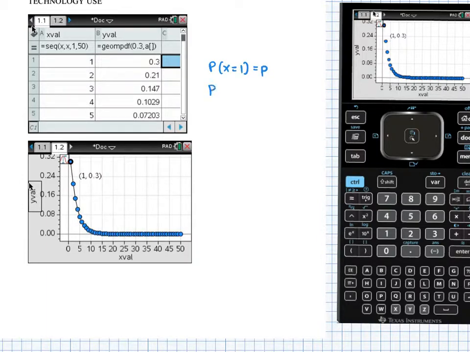The probability when x equals 2 is qp, and the probability that x equals 3 will be q squared p, and so on. You can see that the probability is getting smaller and smaller, and therefore the highest probability is always p.